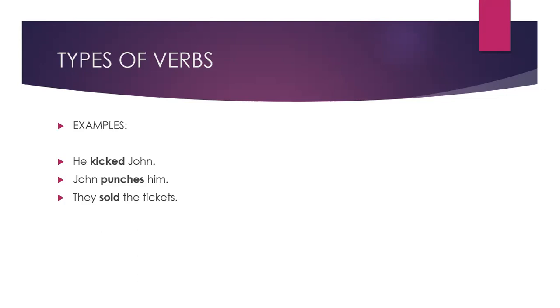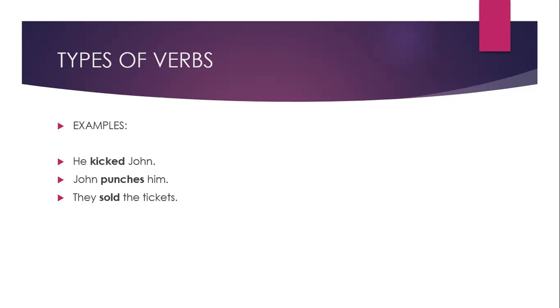So in examples like he kicked John, John is the object. John suffers or receives the action of he doing the kicking. He is another person. So let's say it's Kwame. Kwame kicked John. So John receives the action. So kicked here is the transitive verb because it is followed by a direct object.